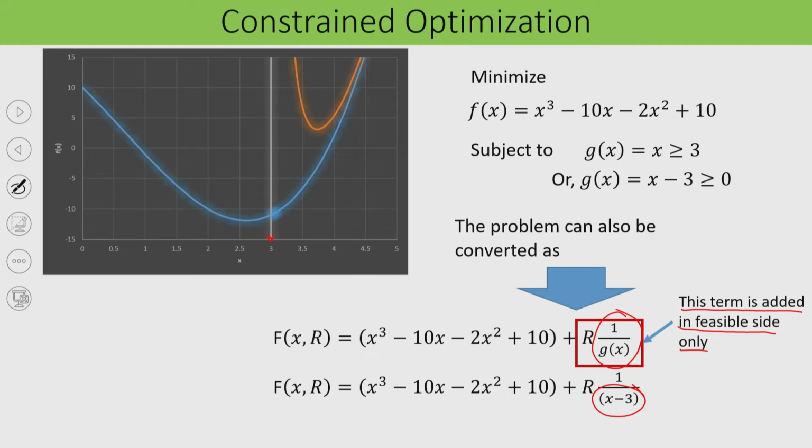What will happen? x minus 3 will be very small and 1 by x minus 3 will be very large. So, you are penalizing the solution as you approach the optimal solution, and at x equal to 3, 1 by Gx will be infinity.